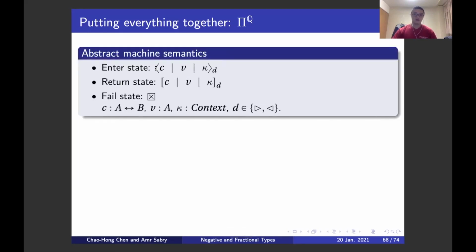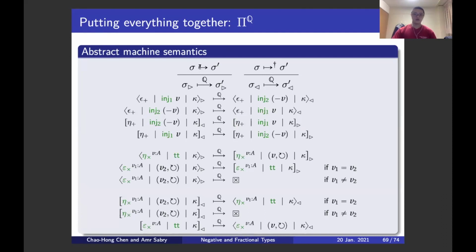And the machine states now have directions and also have the failure state. And the transition rules are basically all the rules we have discussed combined. And then we have these 3 additional rules to handle the backward direction for fractional types.